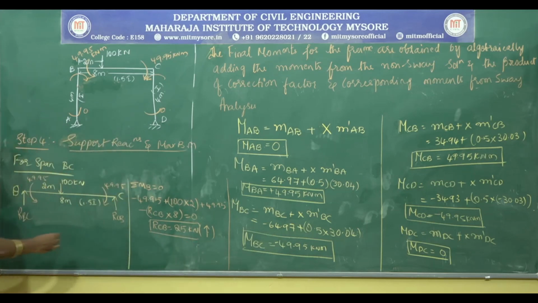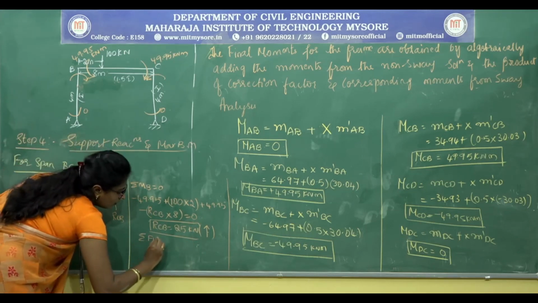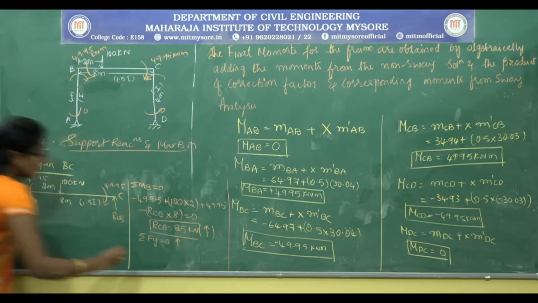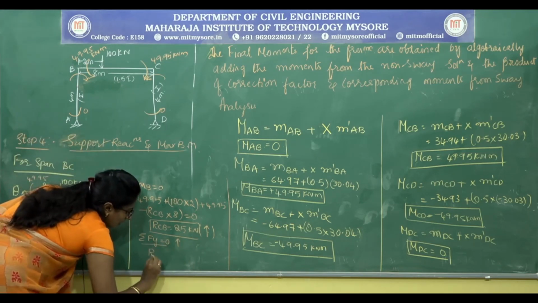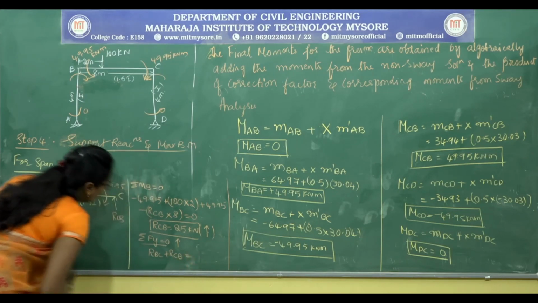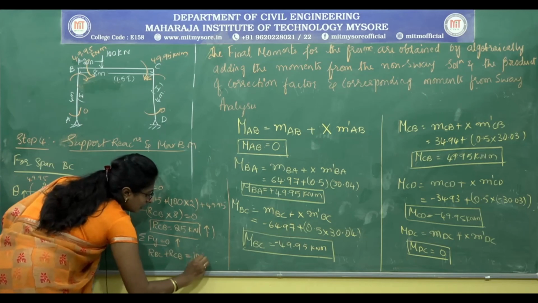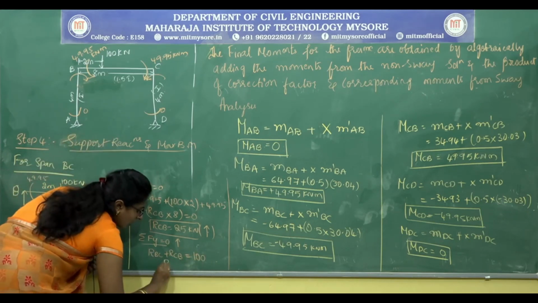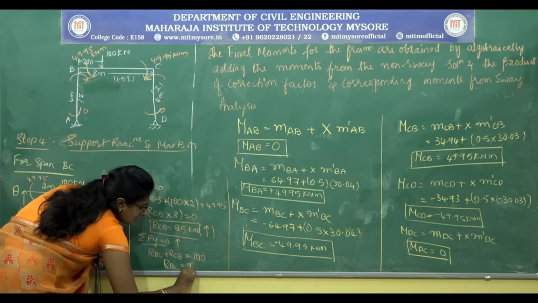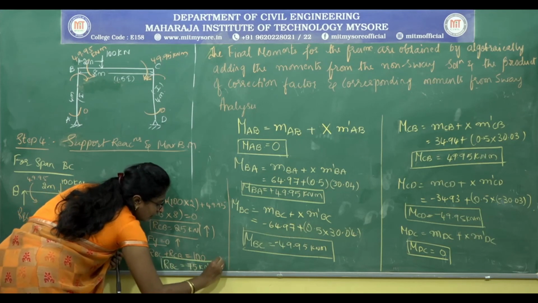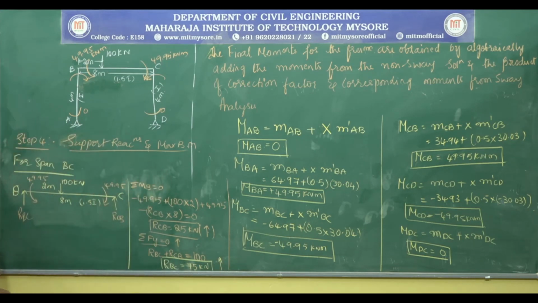Then the sum of all the upward forces is equal to 0, considering upwards positive. RBC plus RCB equals 100. Therefore, RBC is 75 kilonewton acting upwards. These are the reactions.